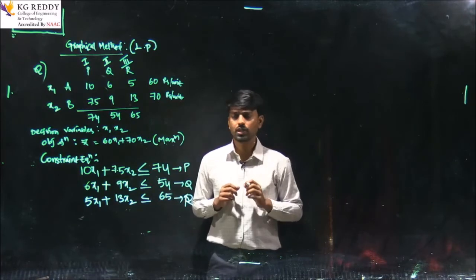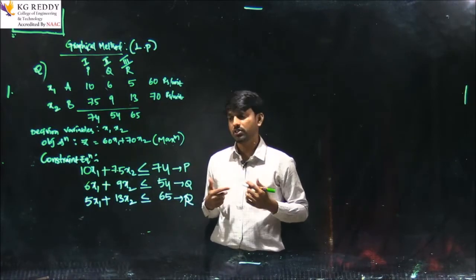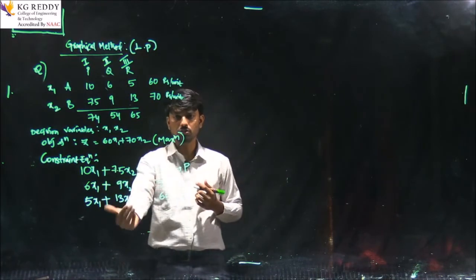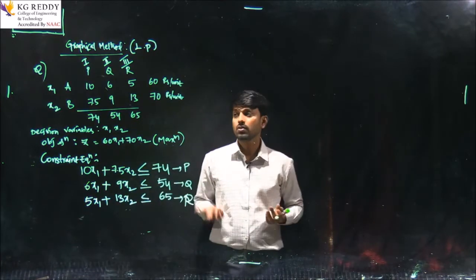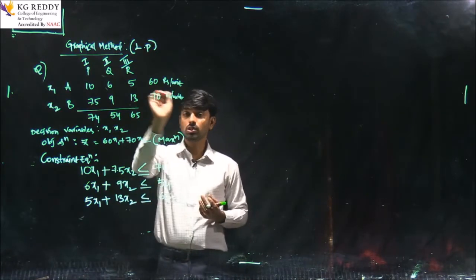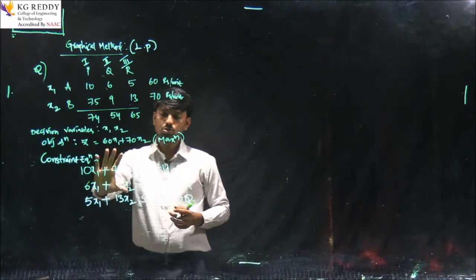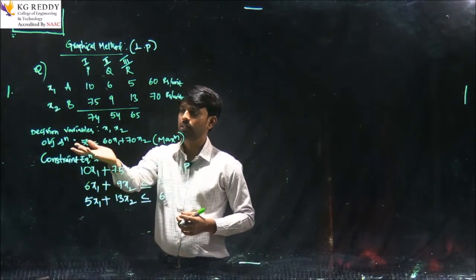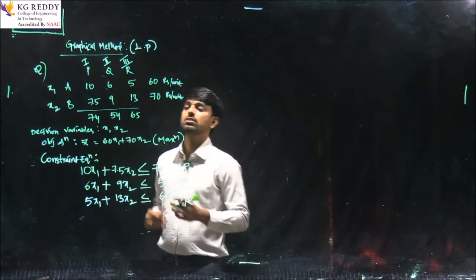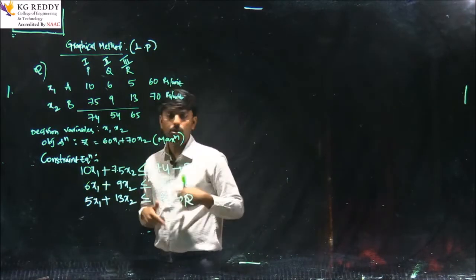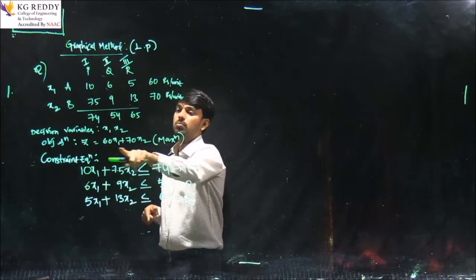As I told you before, this can be solved in many ways. The same equations can be solved in different ways. Graphical method is one such method by which we will solve these equations and try to get the optimal conditions, and this optimal condition will give us the maximum profit.